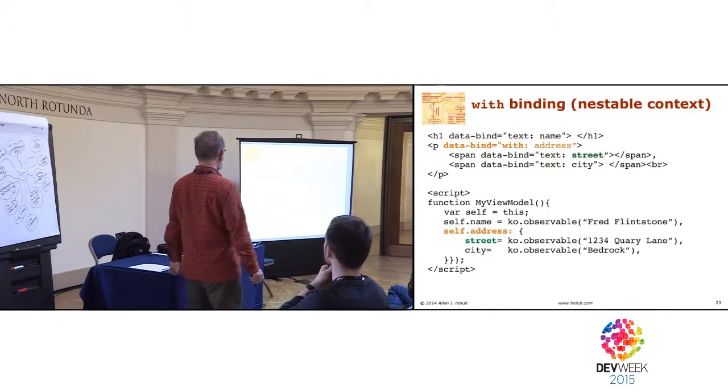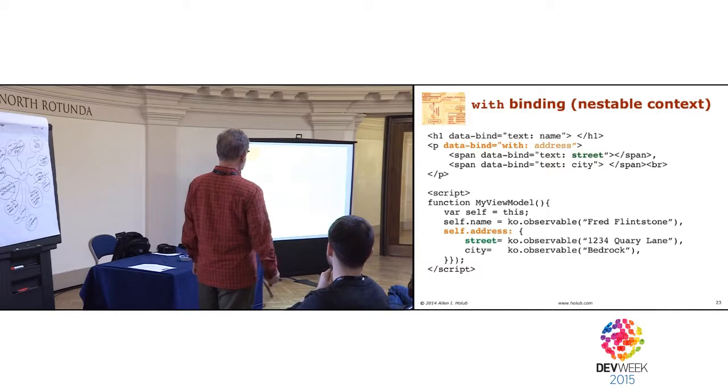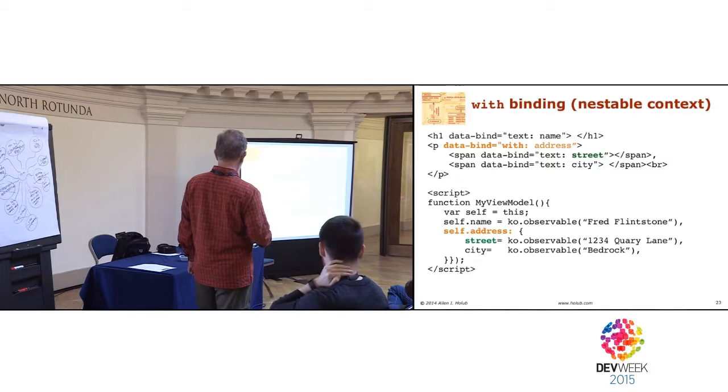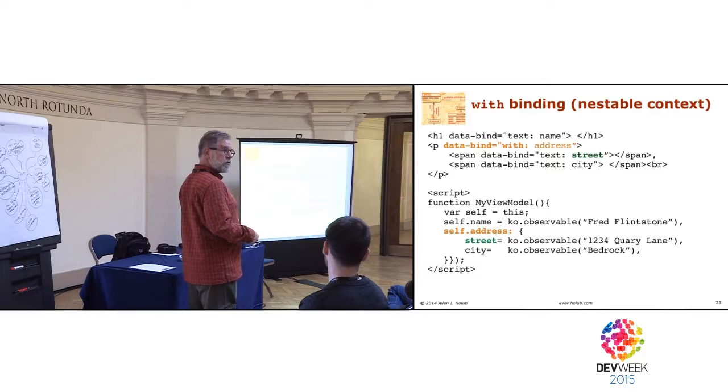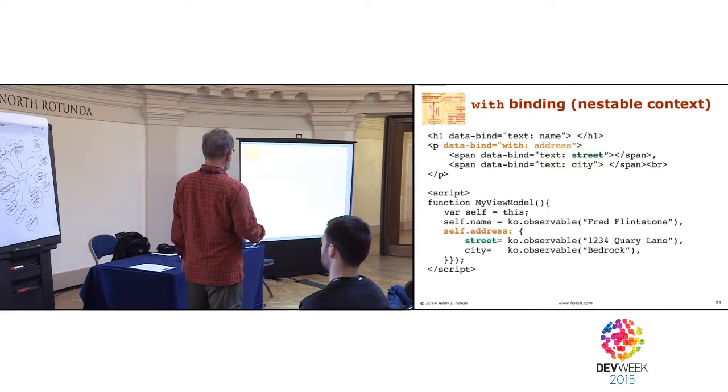Content can nest, and the with binding is useful for that. So here, for example, what I'm saying with the with, if you look at what's happening here, I have my view model, and in that is, in this case, an address, which has a street and a city on it. And the street and the city are independently observable things. So up here inside this paragraph, I am binding to the street.